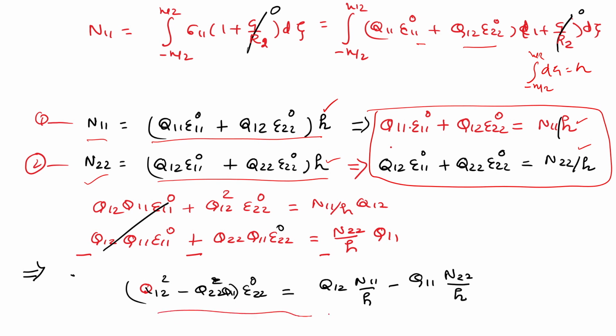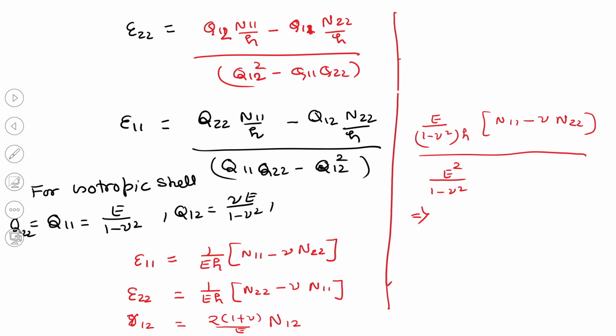From here the expression of epsilon 22 in terms of stresses can be obtained. Similarly, the expression of epsilon 11 can be obtained. So, Q12 N11 by h minus Q11 N22 by h, and Q22 N11 by h minus Q12 N22 by h, upon Q11 Q22 minus Q12 squared.